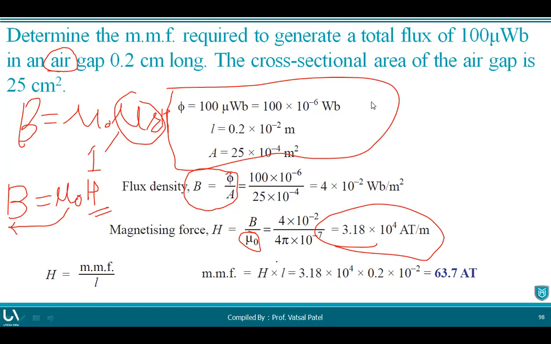That will be useful to draw the magnetic lines of force. It will always be 4 pi into 10 raised to minus 7 for the mu 0 component. So after putting this H into L, we are getting the value of 63.7 ampere turn.